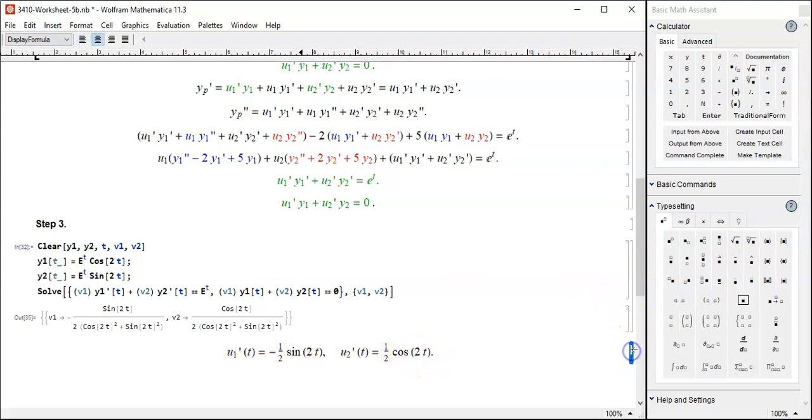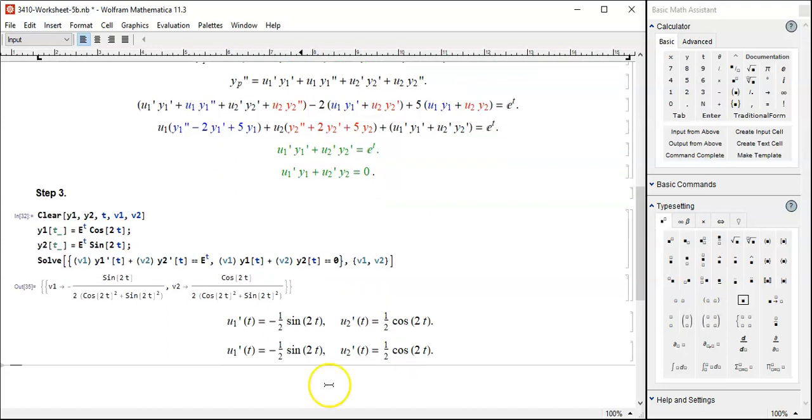Now if you take the antiderivatives, you're going to get negative 1/4, and this is going to be cosine. And taking the antiderivative, you get 1/4, and this is going to be sine.